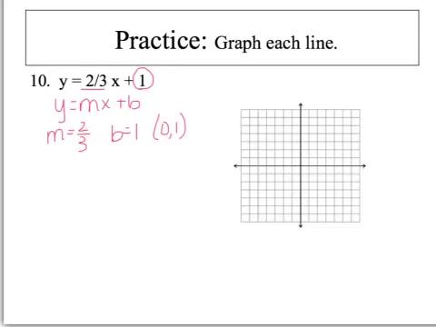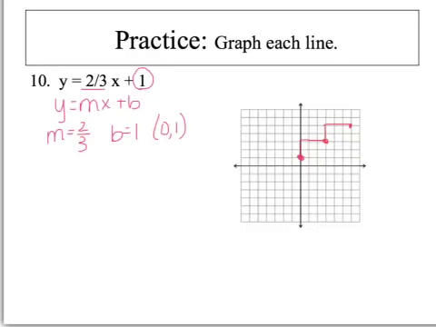So when I go to graph lines, I want to plot my y-intercept first. And I use that point and my slope to get my next point on the line. So for my y-intercept, I now need to go up 2 and over 3. And then I go up 2 again, right 3.